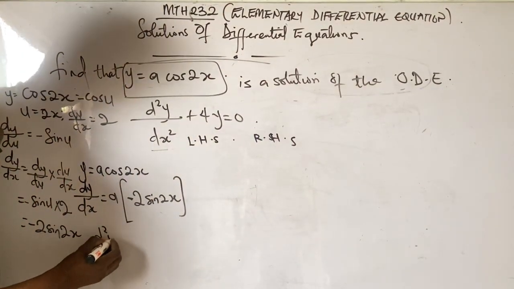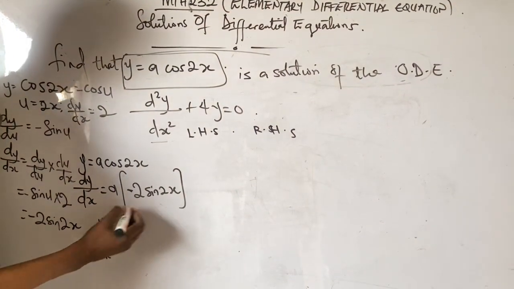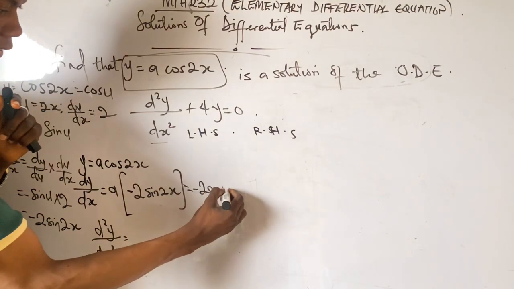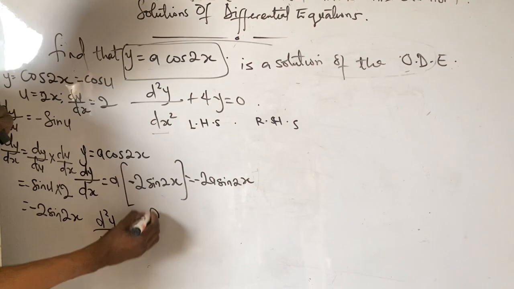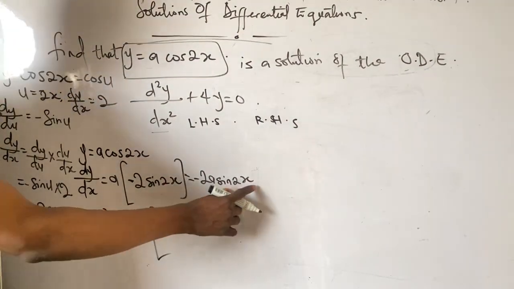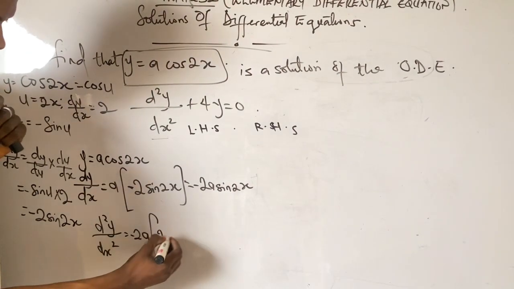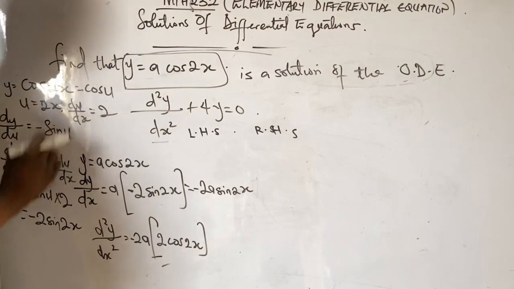So d²y/dx² is equal to A times minus 2 sin 2x. Minus 2A is a constant, so we take it out. Using the chain rule as we used it here again, you should have 2 cos 2x. Just follow the procedure we used here.